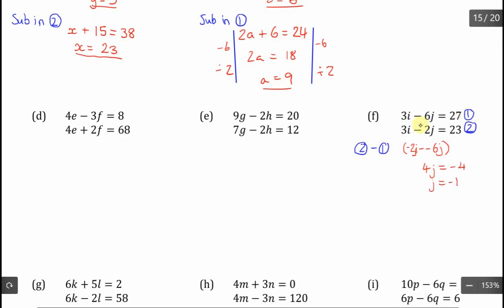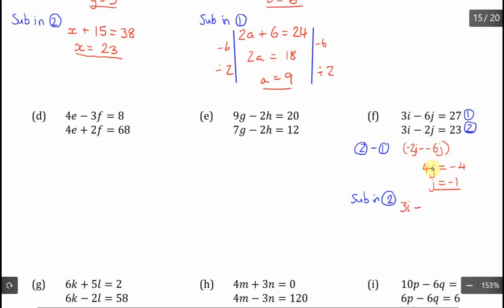And most of the time when people make mistakes on simultaneous equations, it's probably down to something to do with negatives. So we're then going to sub that in to either of those equations. We're going to go with equation 2. Be careful here substituting a negative number. So 3i minus 2j.